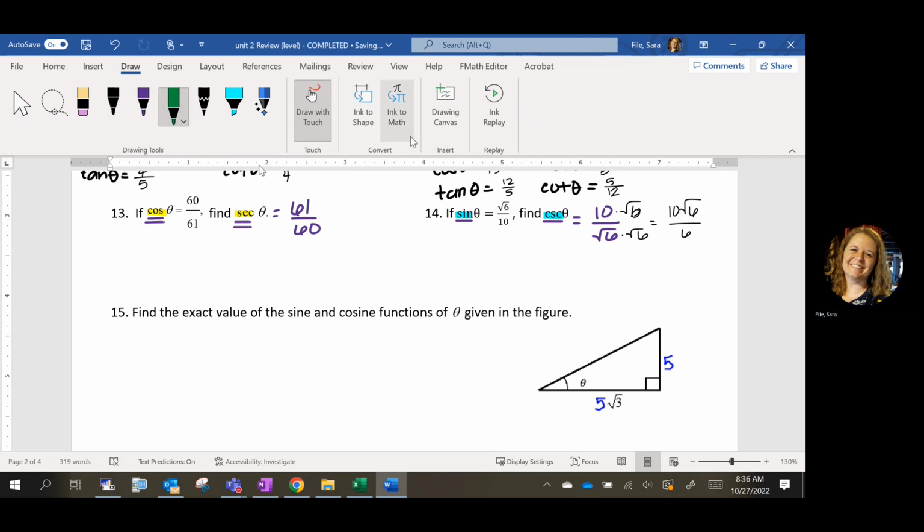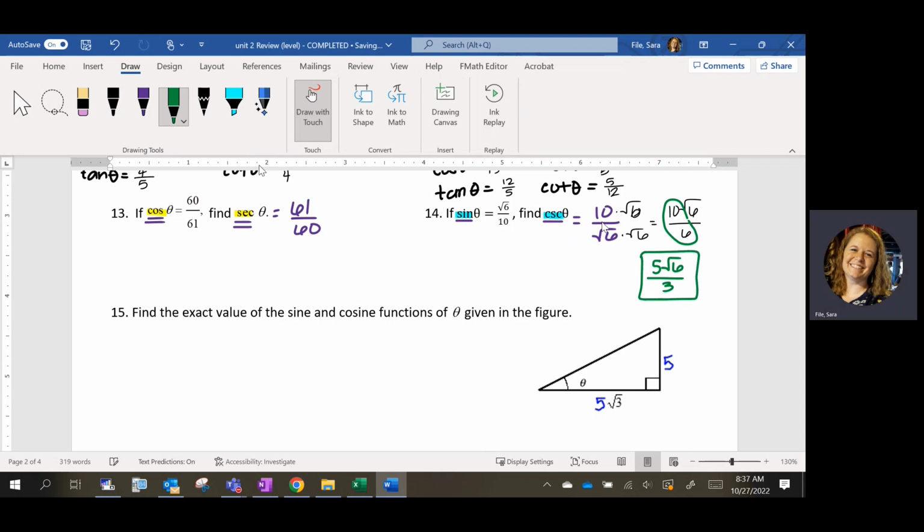Now, looking at those that are not in the radical, can I reduce that fraction? Yes. What does 10 over 6 reduce to? 5 over 3. So this actually needs to be simplified to 5 root 6 over 3.